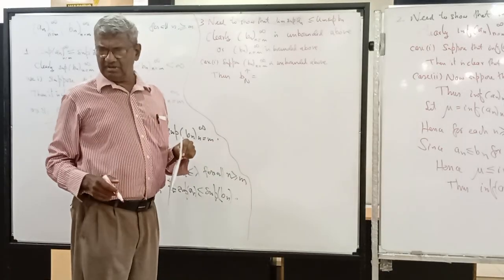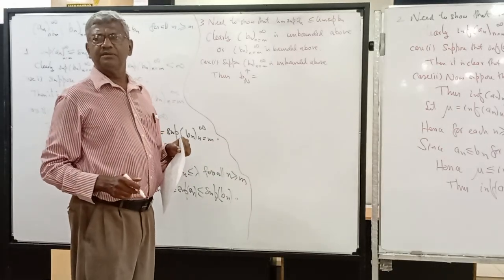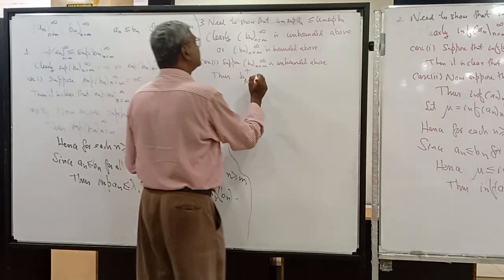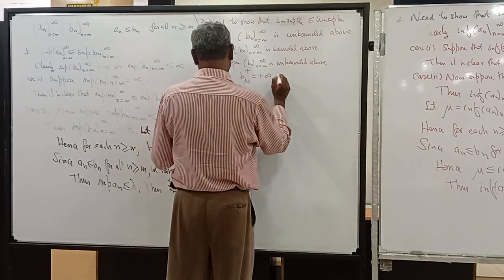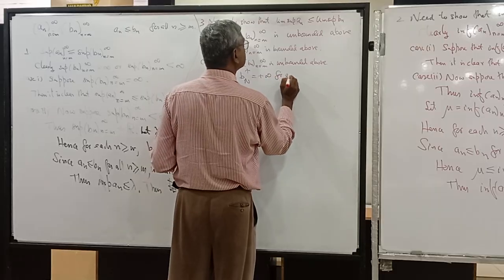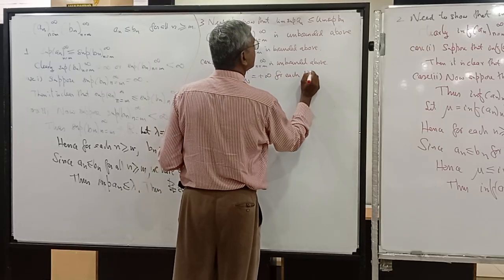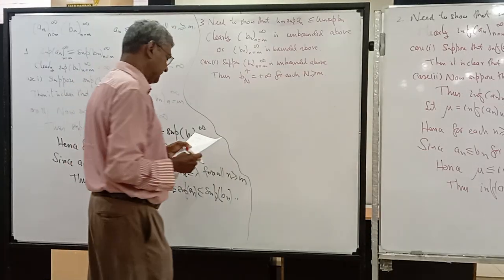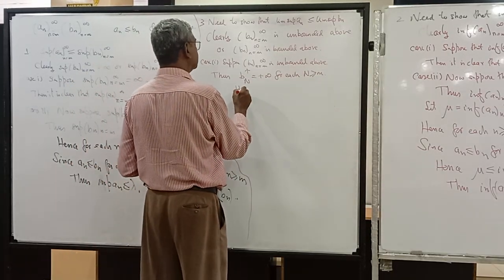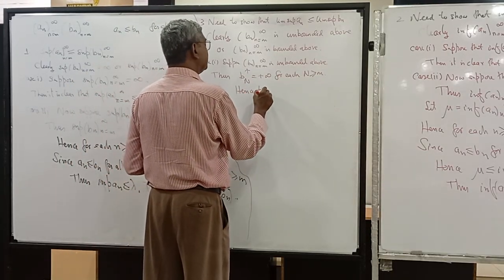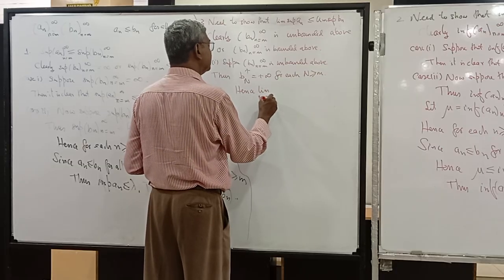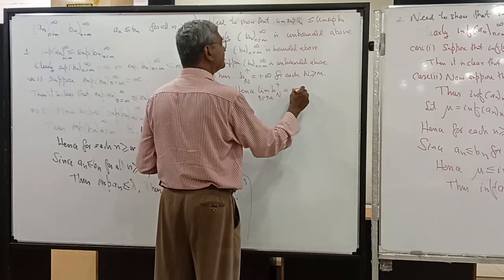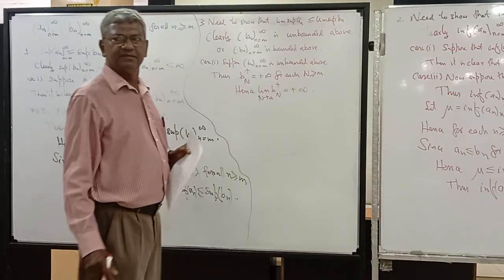It is plus infinity for each n greater than or equal to n. Hence, the limit as capital N tends to infinity of Bn plus is definitely plus infinity.